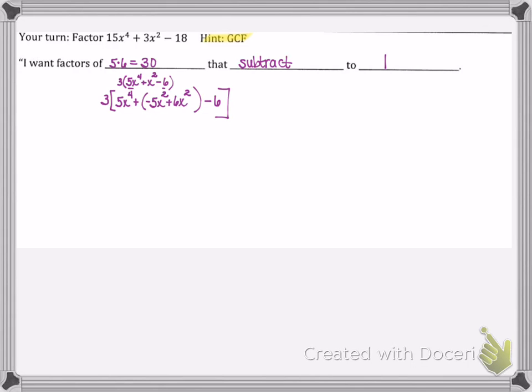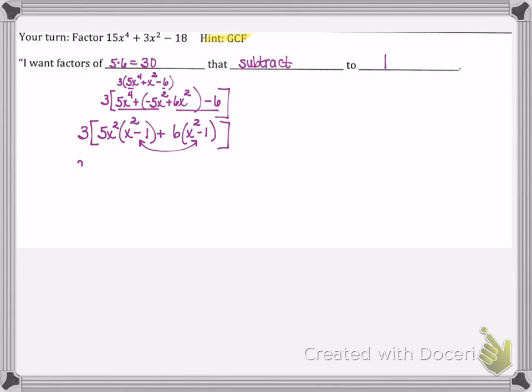And then I'm going to factor the two pairs and pull out a GCF. So from the first pair, I've got a 5 in common and an x squared. That leaves me with x squared minus 1. And then over here, from the 6x squared minus 6, I've got a 6 in common. X squared minus 1. Now I'm in business because these match.